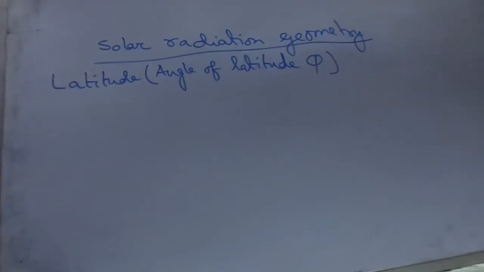The latitude of a location on the Earth's surface is the angle made by the radial line joining the given location to the center of the Earth with its projection on the equator plane. Okay. So the first one is the latitude.